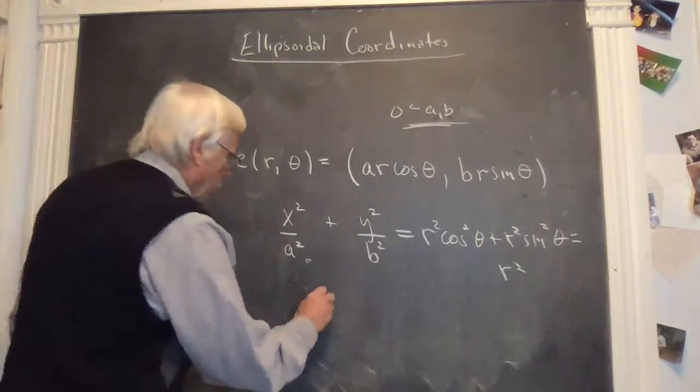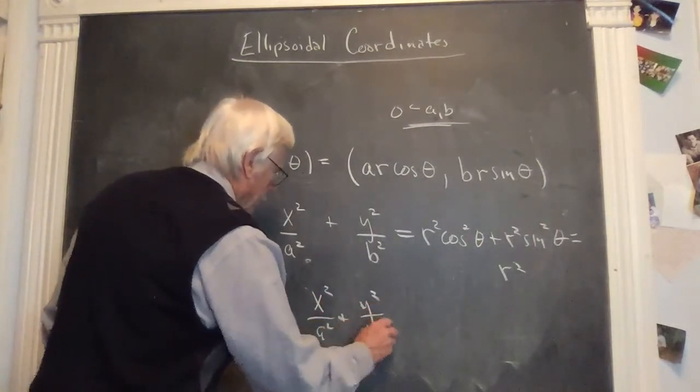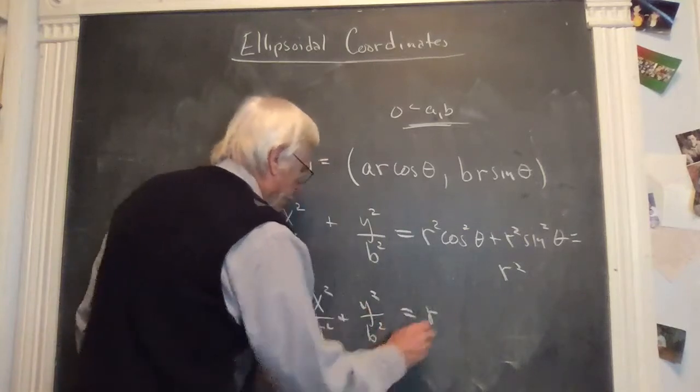And so you get the equation x squared over a squared plus y squared over b squared equals r squared.